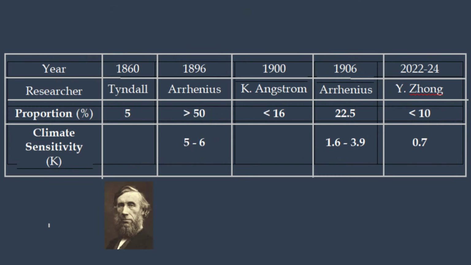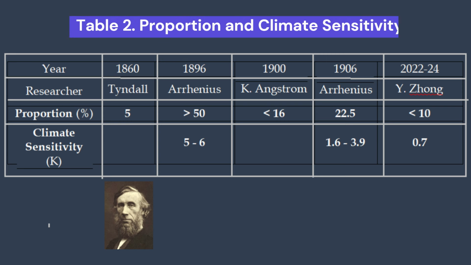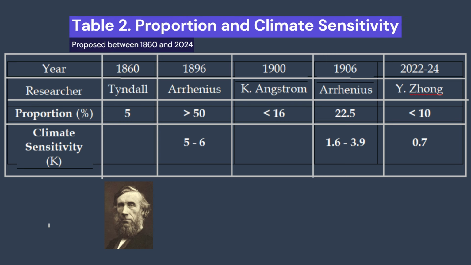In history, John Tyndall observed the proportion of CO2 absorption is close to 5% in 1860, as I reported last year. Whilst in 1900, Knut Ångström estimated the proportion should be less than 16%.